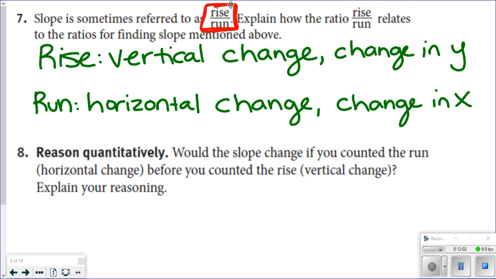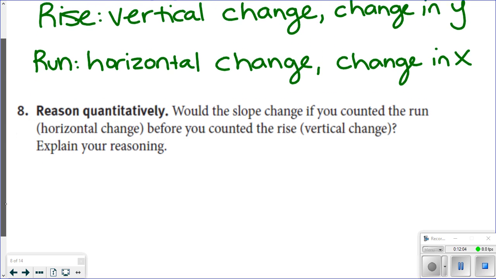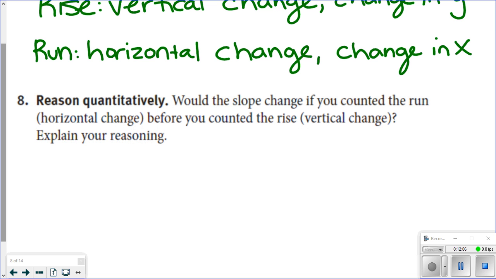Question 8. Would the slope change if you counted the run, the horizontal change, before you counted the rise, the vertical change? Explain your reasoning. The slope will not change if you count run first or rise first.